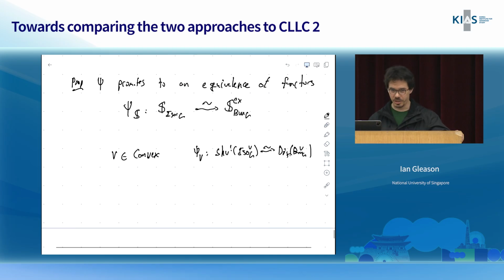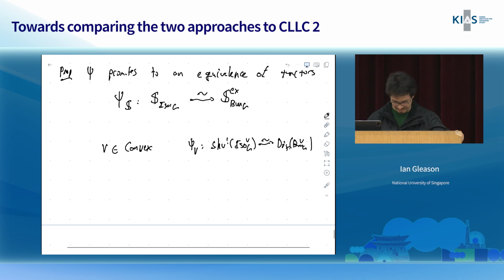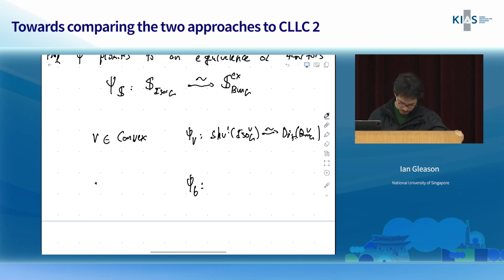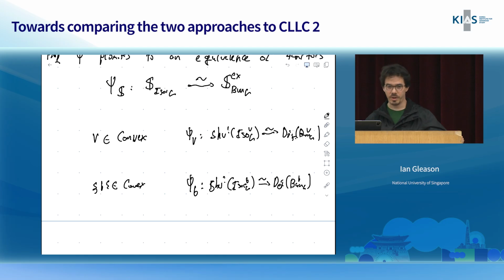And I like this presentation because I actually don't really want to tell you what exactly this functor does, because it involves some very kind of... maybe let me just say, you can apply this to the convex set B inside of this. And there will be a functor from sheaf shriek Isoc GB to D et al Bun GB. And you can ask, what is this functor? This is an equivalence, but there are many ways that you can take representations of GB and find an equivalence with itself.